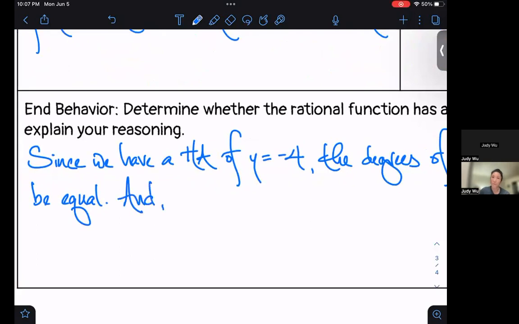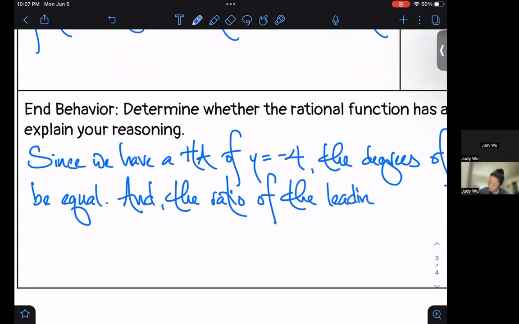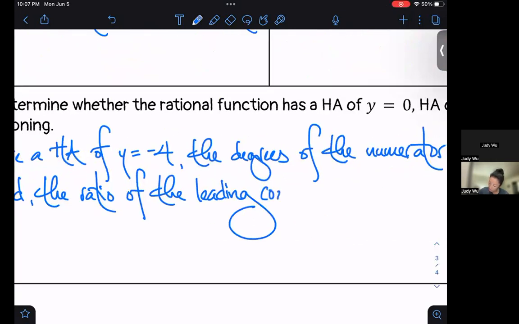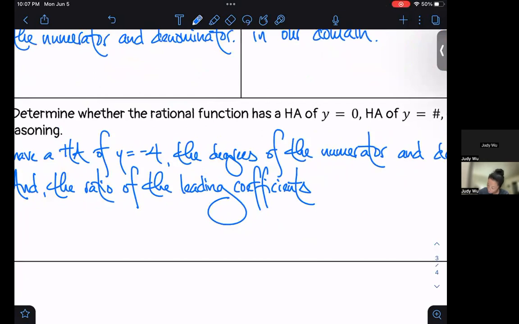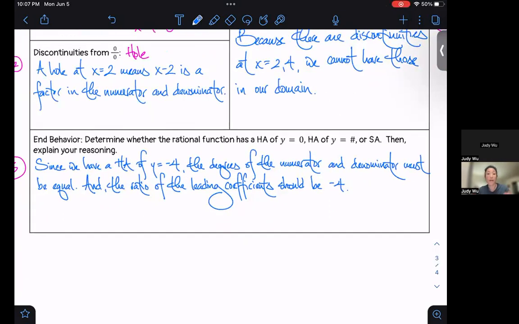And one more thing must be true. The ratio of the leading coefficients should be -4, okay? So those two things, the degrees must be the same and the ratio of the leading coefficients should be -4. So let's go back and see, does our equation have the same degree on the top and the bottom, and is the ratio -4?